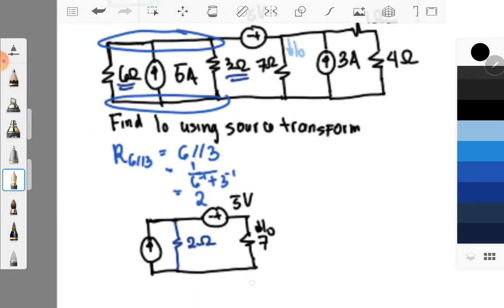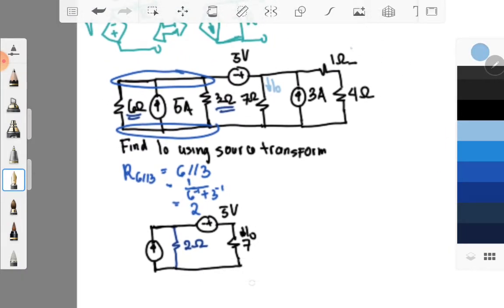And take note that your 1 ohm and 4 ohm resistors are connected in series, so it is safe to say that it is equal to 5 ohm.